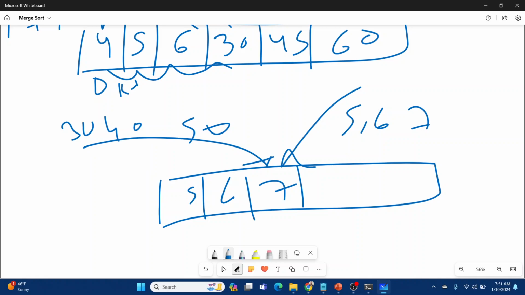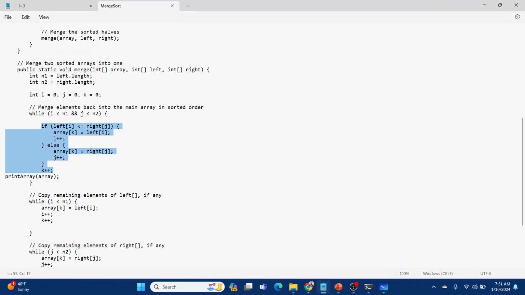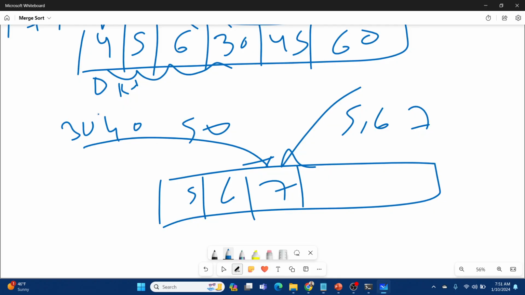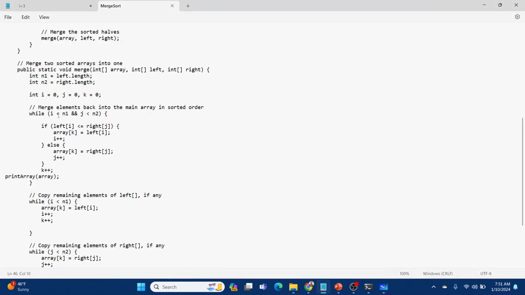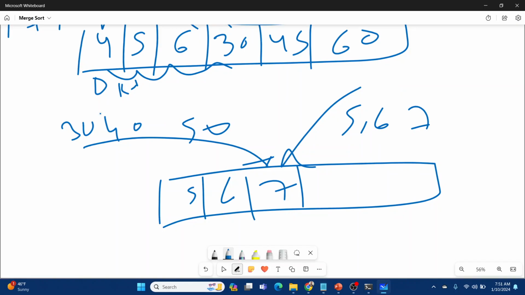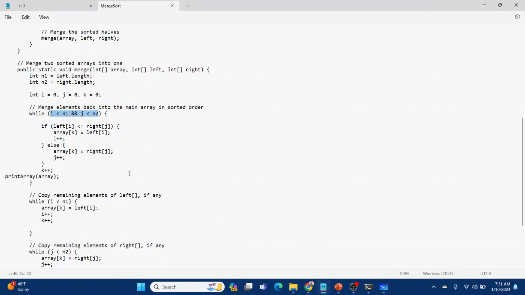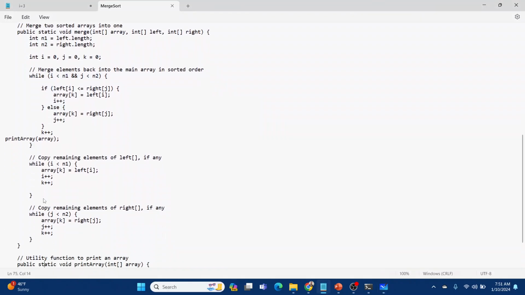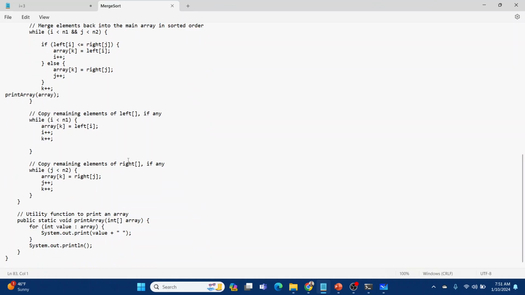In that moment, the condition is such that if j is less than n2, this loop will break, because both have to be true, it is an AND condition. The moment it breaks, we understand that the whole right part has come over here and this list is already sorted. What we will do is copy the remaining elements of left or copy the remaining elements of right.